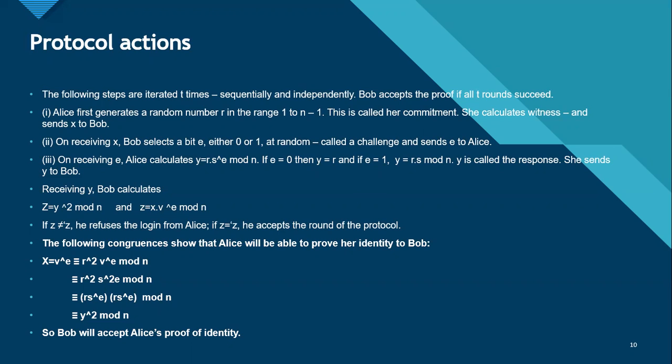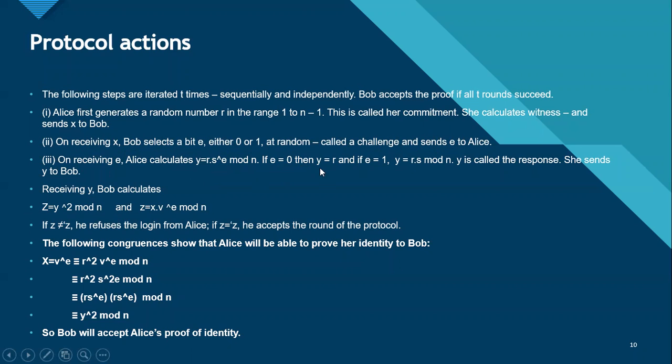Alice first generates a random number R in the range 1 to n minus 1. This is called her commitment. She calculates the witness X equals R squared mod n and sends X to Bob. On receiving X, Bob selects a bit E, either 0 or 1, at random, called the challenge, and sends E to Alice. On receiving E, Alice calculates Y equals R times s to the power E mod n.